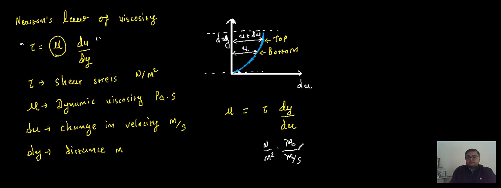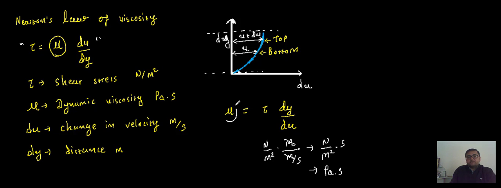Meter cancels out. The denominator goes into the numerator, so the answer is Newton per meter square into second. Newton per meter square is nothing but Pascal, because it is a unit of pressure. So this is Pascal second.